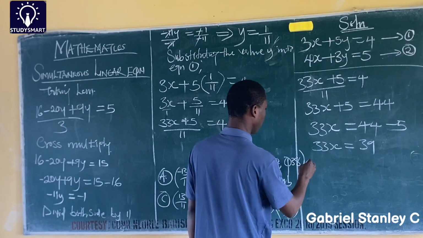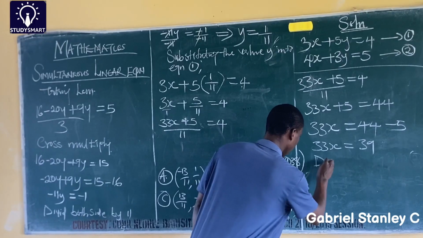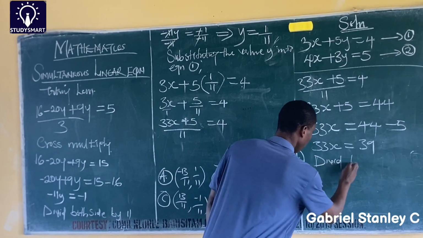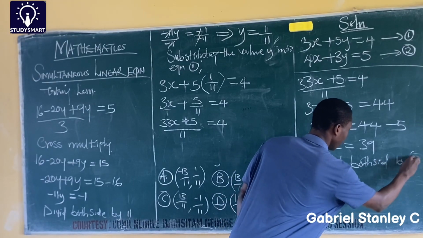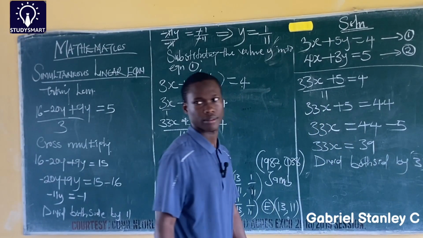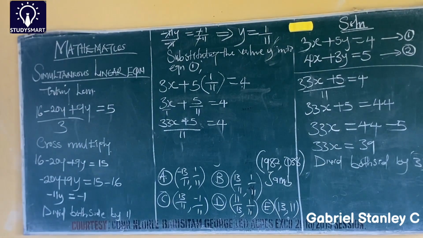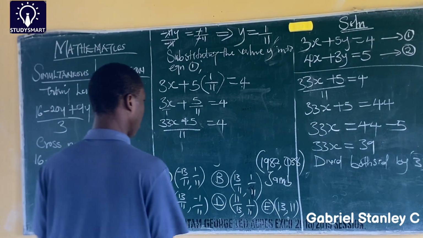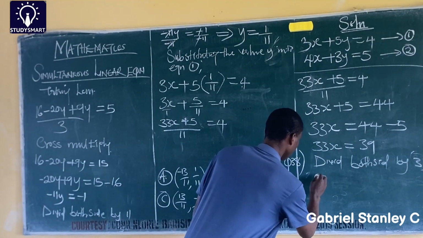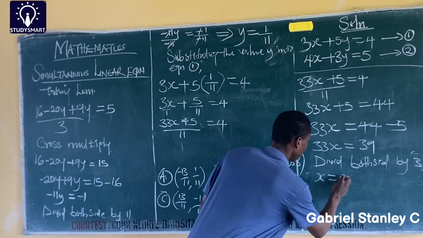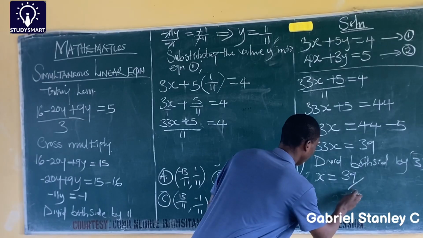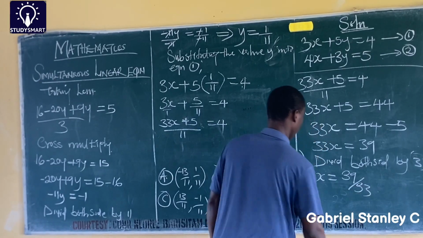So if I divide both sides by 33, I'm going to be having x equal to 39 over 33.